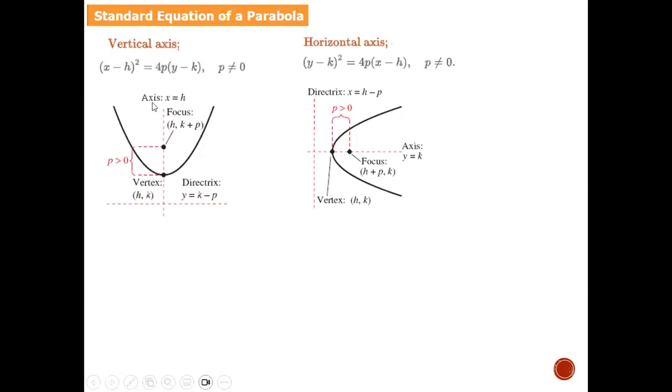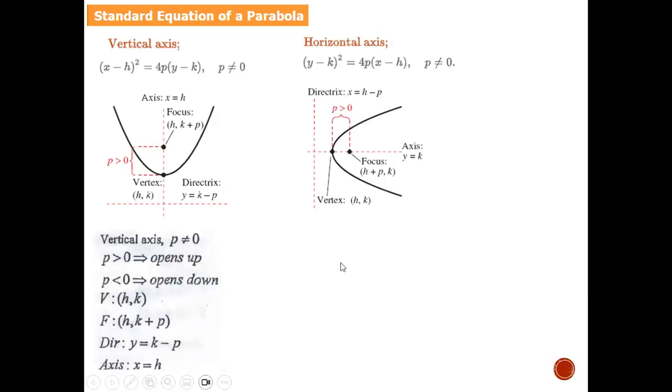Your parabola can either open up or down, and it'll have a vertical axis, or your parabola can open left or right, and it's going to have a horizontal axis. So we have all this information that goes with either of them. For the vertical axis, it's (x − h)², so the x part is squared, equals 4p(y − k). If this p-value is greater than 0, your parabola is going to open up.